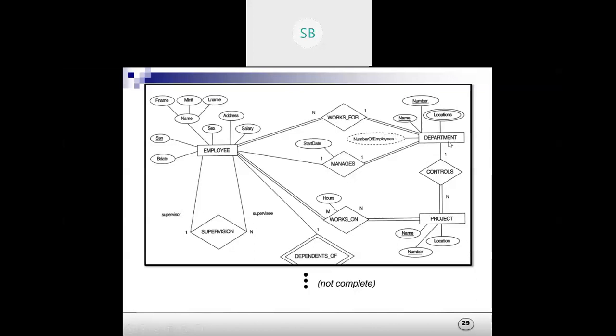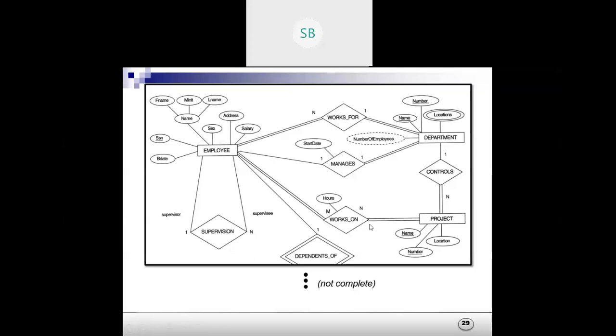Similarly, if a department is there, you need to check the reverse also. You go for this one, works for, employee, so there will be total participation. Now you check for department. In every department all the employees need to work, right? So that is why total participation in this case.